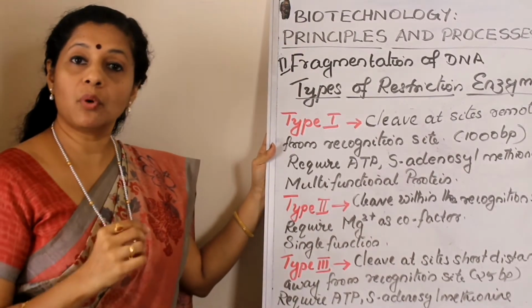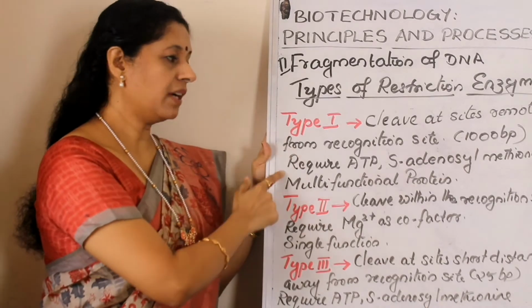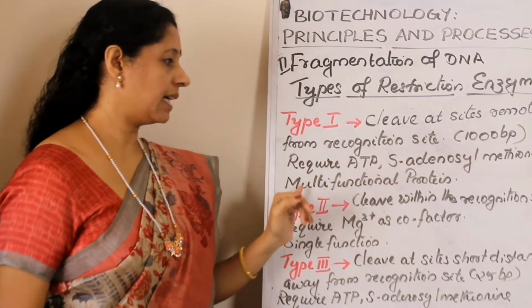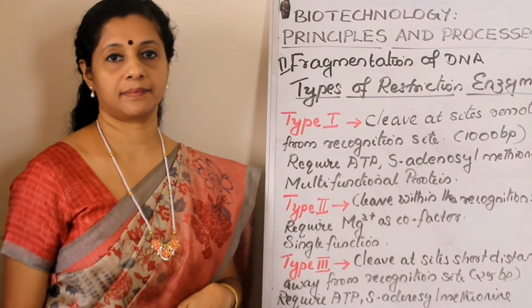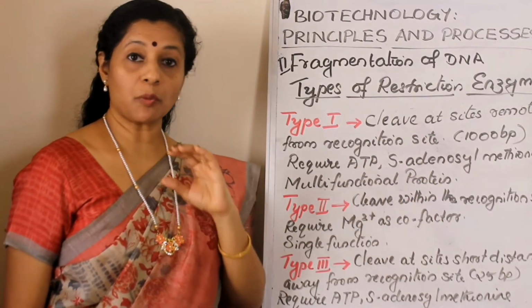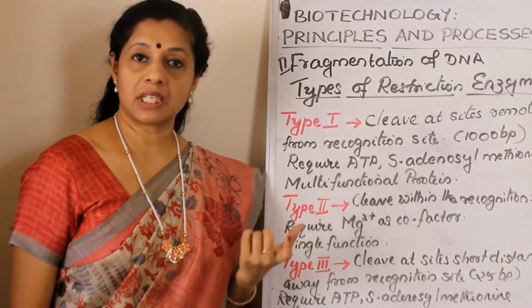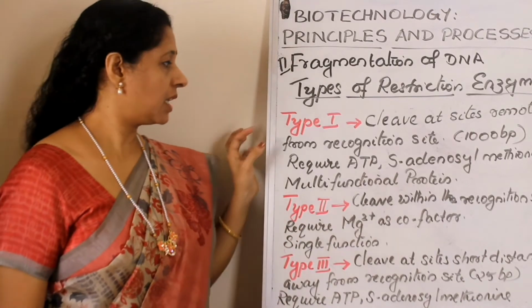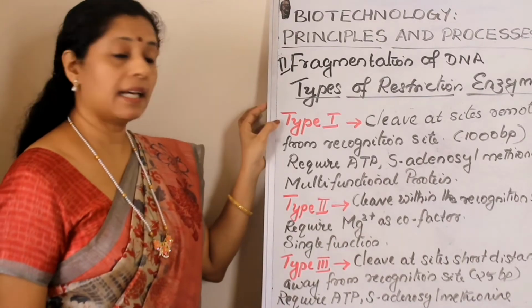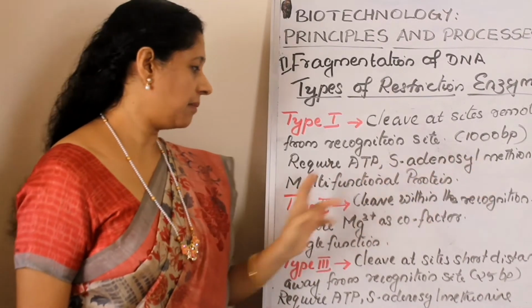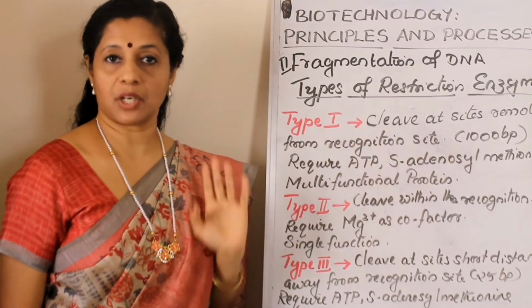Now, for the normal functioning, the type 1 requires ATP, S-adenosyl methionine, and is a multifunctional protein. For the proper functioning of the enzymes, they require certain additional factors and cofactors. So type 1 restriction enzymes require ATP and S-adenosyl methionine for their function.